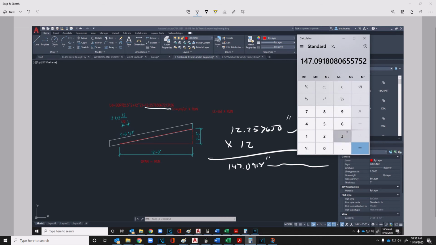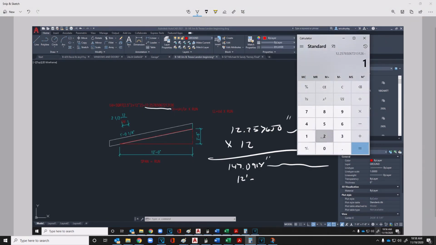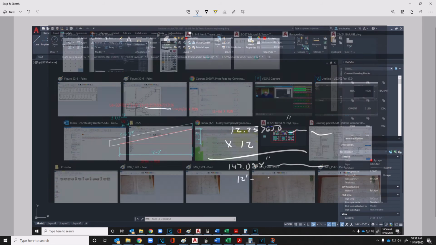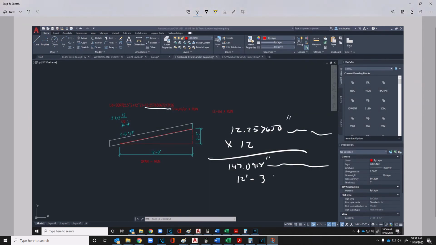All right, so I'm going to divide this by 12, and I end up with 12 feet. Subtract the 12, and multiply it by 12 inches per foot. And I end up with 3 inches. Subtract the 3 and multiply that times 16. End up with 1/16.